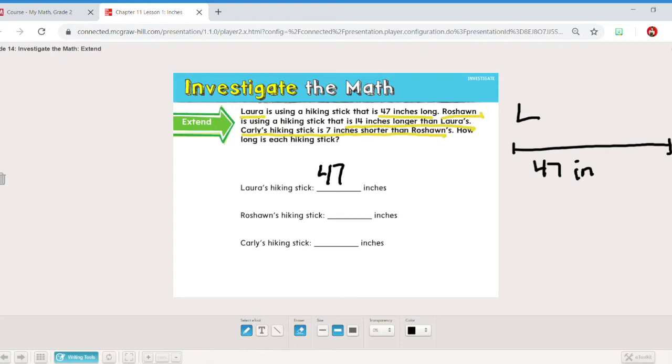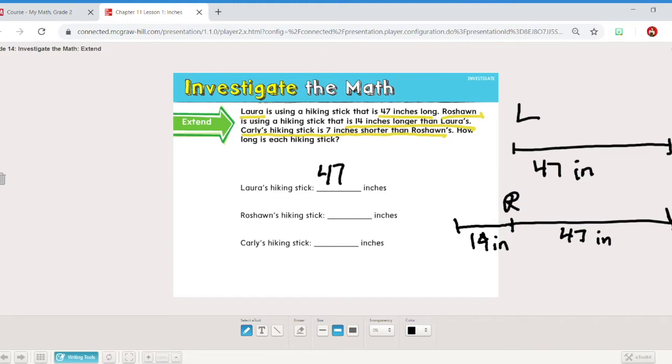Now we have Roshan. So Roshan, his is 14 inches longer than Laura's. So I'm going to draw Laura's stick again, because we want to have that as a comparison. And Roshan's is 14 inches longer. So I'm going to put 14 inches here.